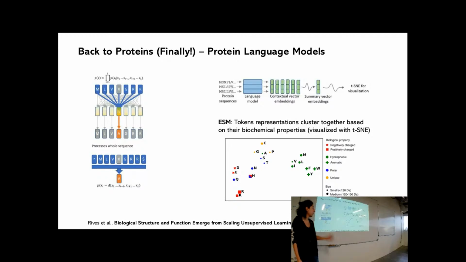Then you can take each token independently from all the proteins and see if they group together somehow. Of course, you see that the same amino acids group together. It means the network has learned something, but maybe that can be expected. But you also see the grouping in the famous classes I told you about.